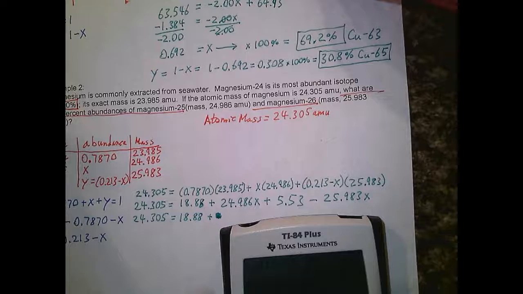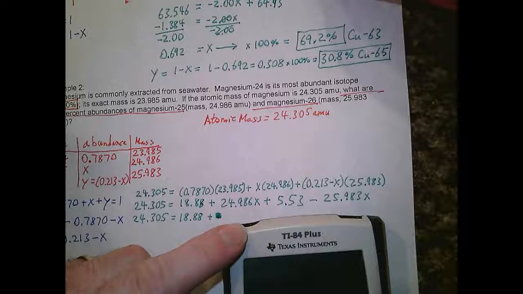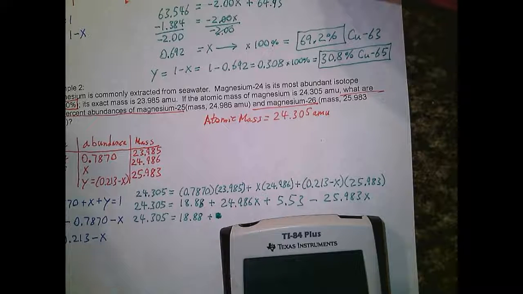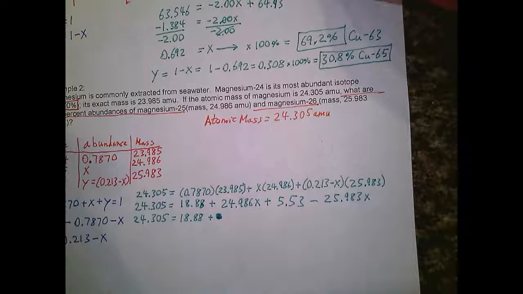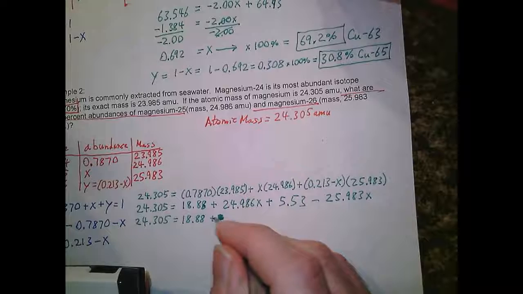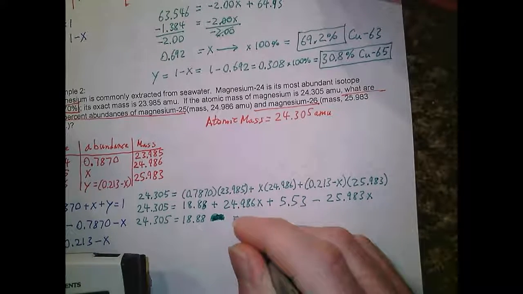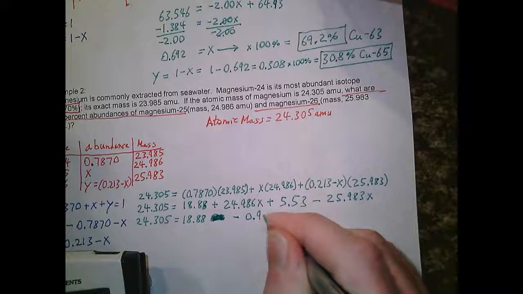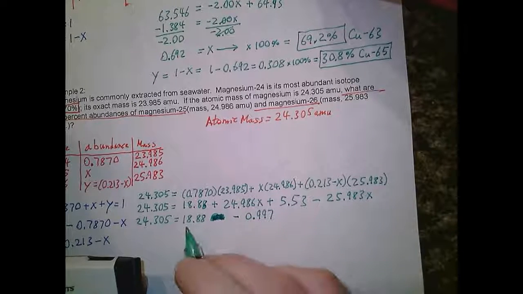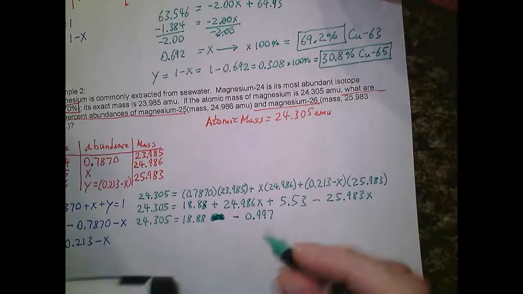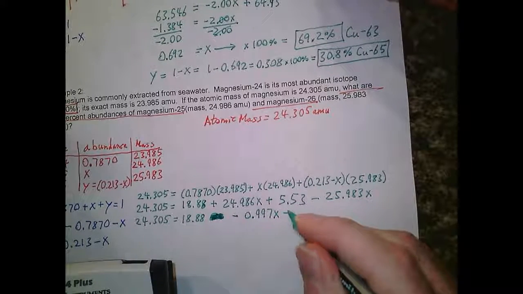I missed a minus sign in there. 24.986 minus 25.983 is negative 0.997. I'm going to cross that out, I know it's kind of sloppy, I'm sorry. Negative 0.997x. So 18.88 minus 0.997x plus 5.53.